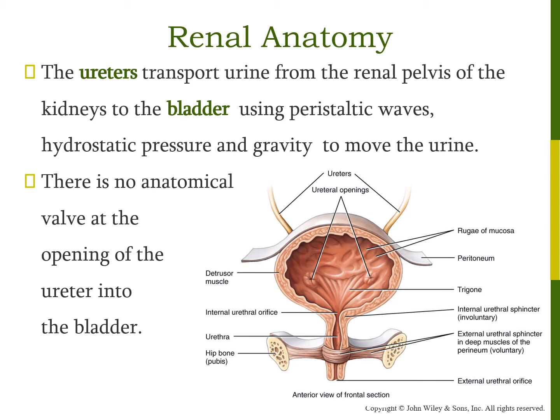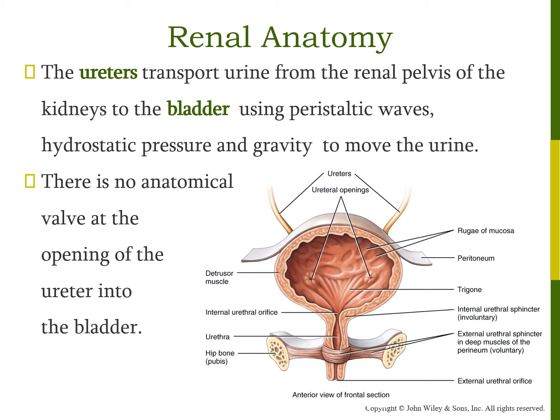Note that a region called the trigone is formed by the 2 ureteral openings posteriorly and the internal urethral orifice anteriorly, and this region essentially acts as a funnel to drain urine out of the bladder.